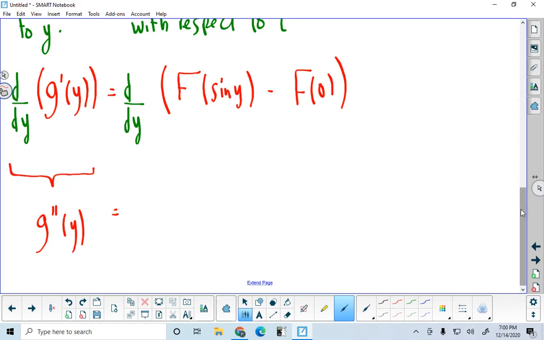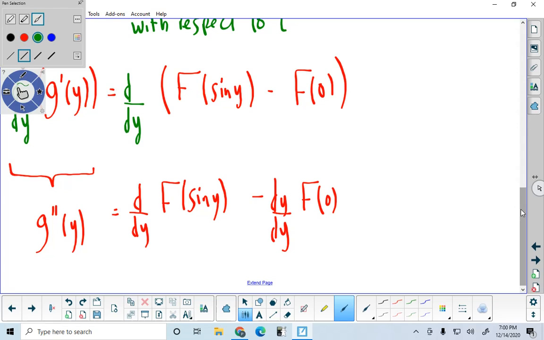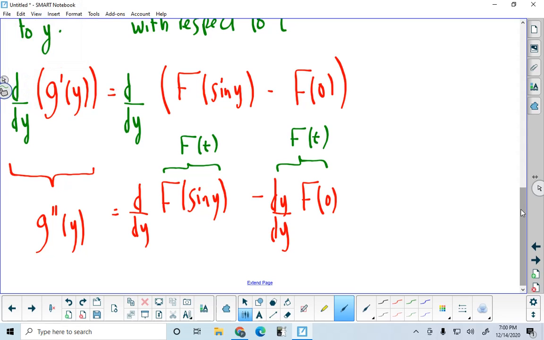So now we're going to have the derivative with respect to y of the antiderivative of the function f of t at sine of y, and we're so close to being done here, Brynn, minus the derivative with respect to y of the antiderivative of f of t at 0, and notice I keep saying these are f of t's. This is a capital F of t. This is a capital F of t. The variable there is t.